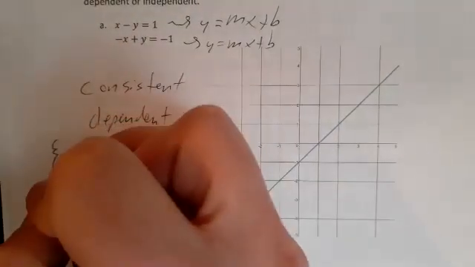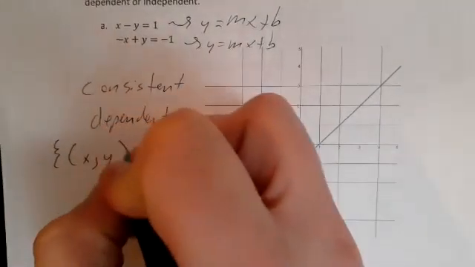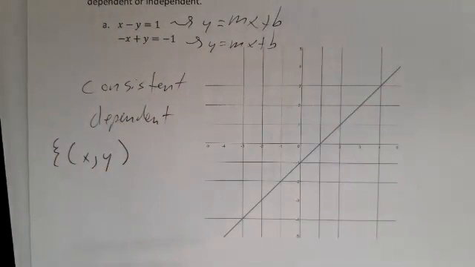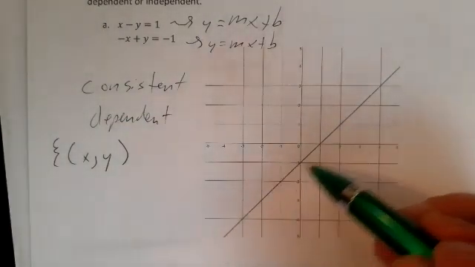Now we want to talk a little bit about how to write the solution to this thing. And so we're going to write the solution in set builder notation. I've kind of mentioned it, but if we have something in 2 space, our solution is going to have 2 coordinates. And so since it's the same line going over itself, the solutions look like things that are on this line.